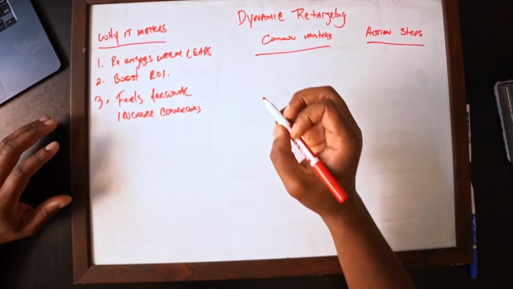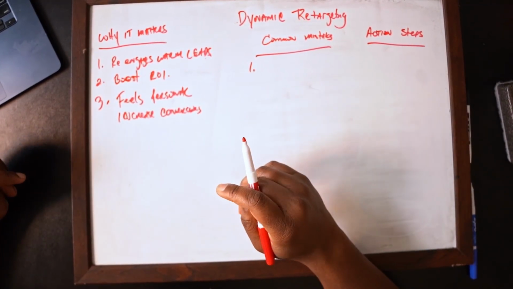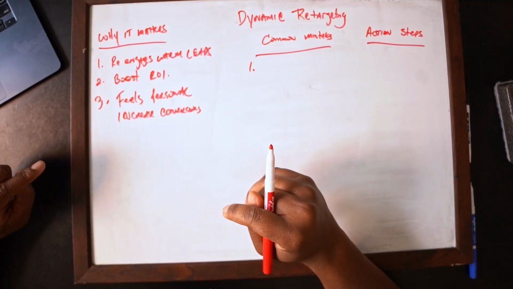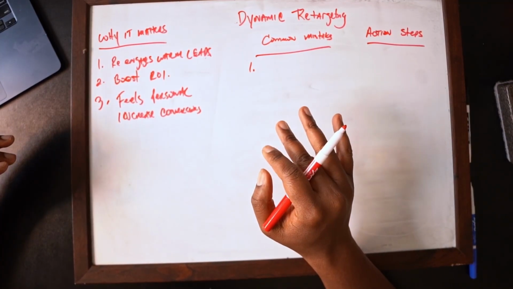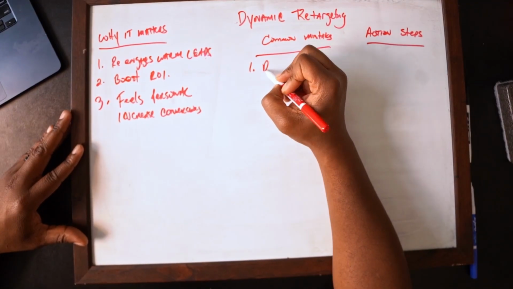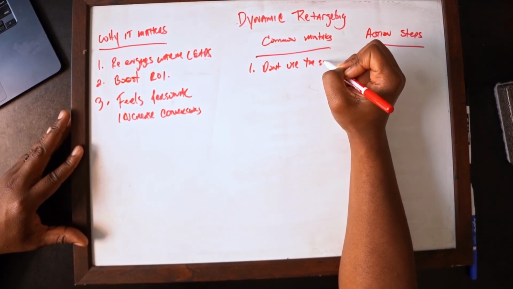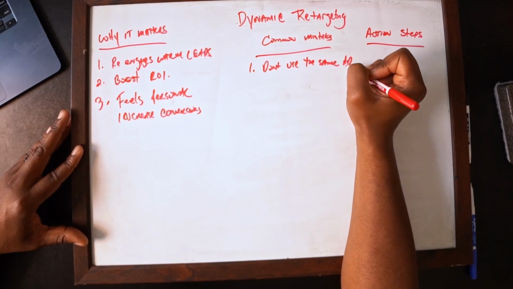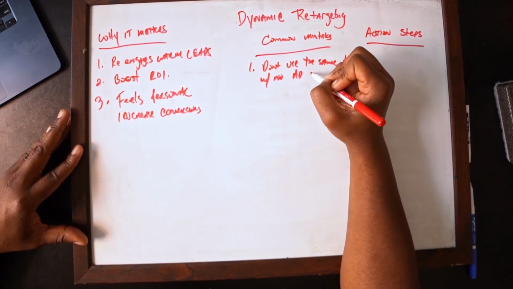The common mistakes, number 1, is you don't want to serve the same ad repeatedly to the wrong type of people. So don't use the same ad with no ad rotation.